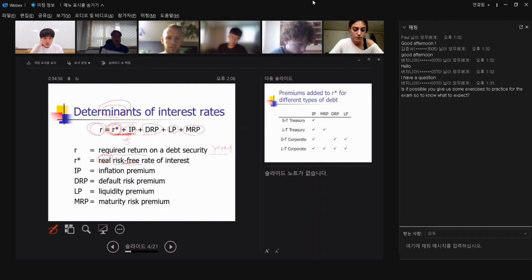Okay, so we use the 3-month treasury bill. The 3-month treasury bill rate is used as the nominal risk-free rate in reality.